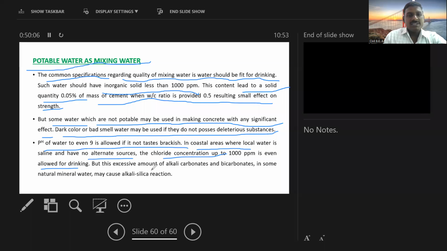And an excessive amount of alkalis, carbonates and bicarbonates in the natural mineral water may cause the alkali silica reaction. So the water which we are using for the construction plays an important role in making the concrete. So we can say whatever potable water is there, that we have to mix with the concrete.